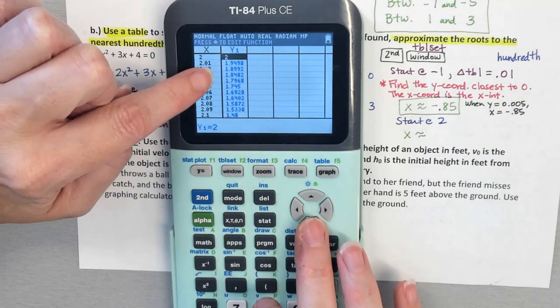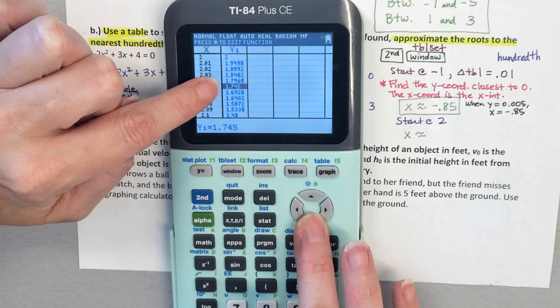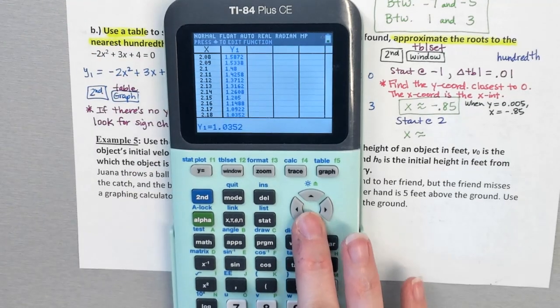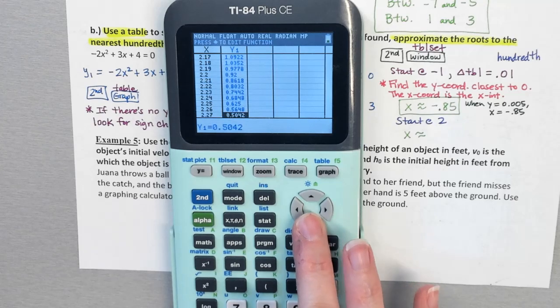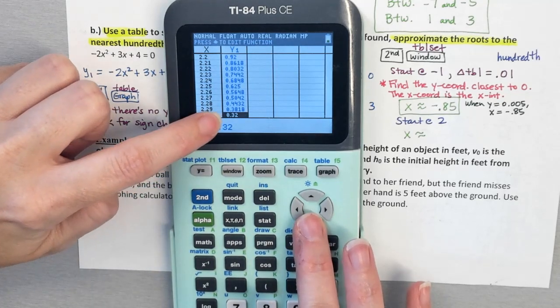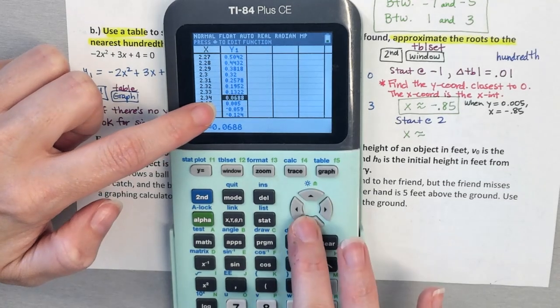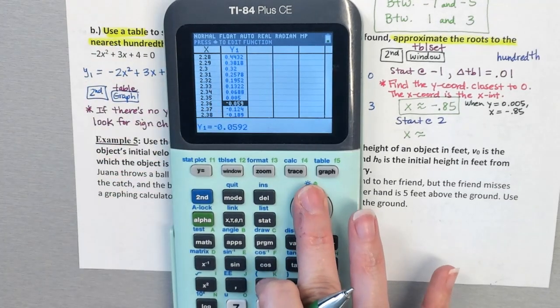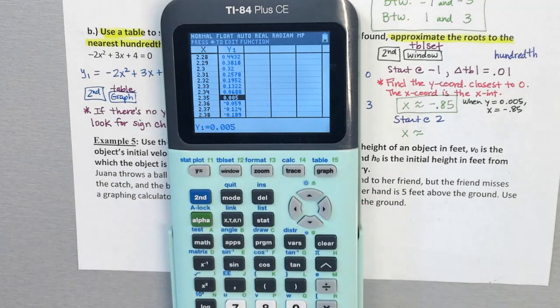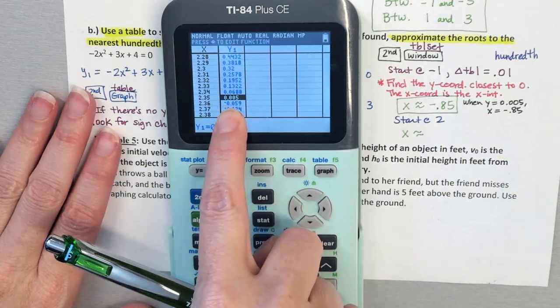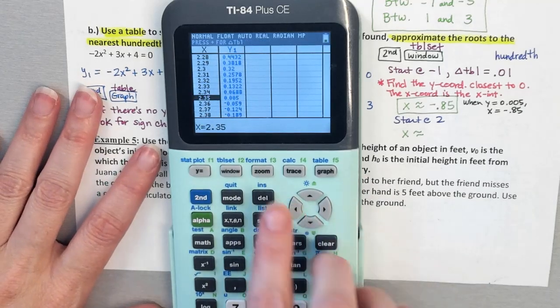So when you're scrolling, you can even just put it in the y's and look at your values. You can see that they're going down, okay? And you know you want to get as close to 0 as possible. So you have 0.5, 0.3, 0.2, 0.1, and then you have the zeros, and then they start going up again. Now, they're not always going to be the same y value. In this case, your y value is the 0.05 again.